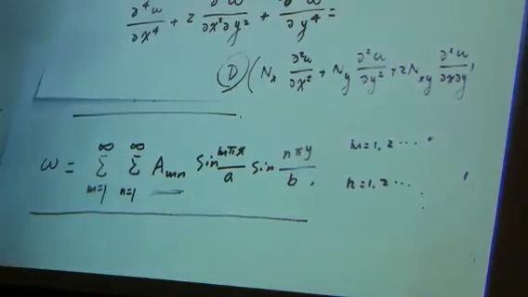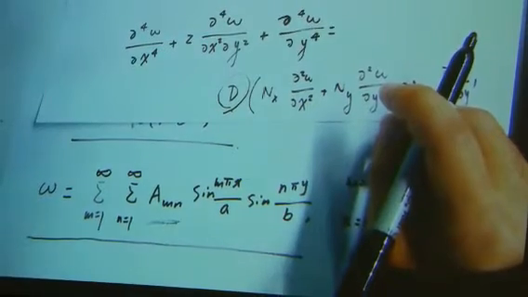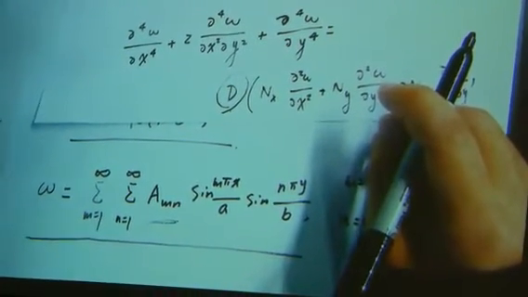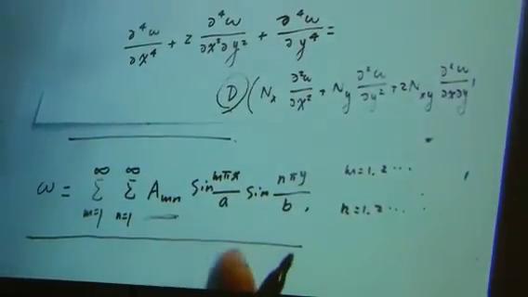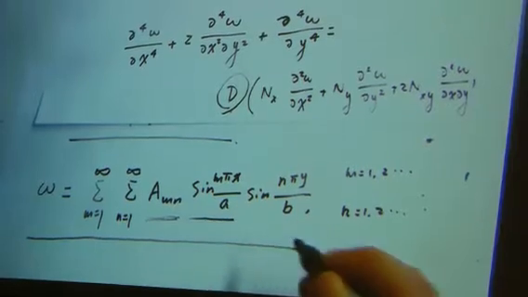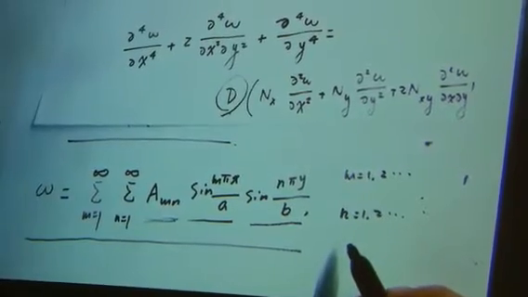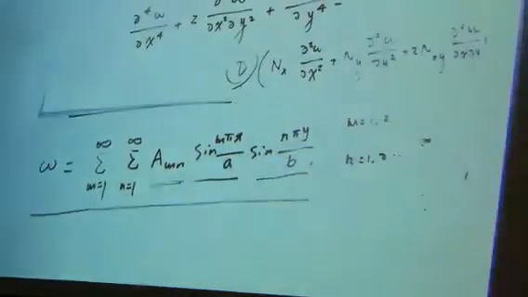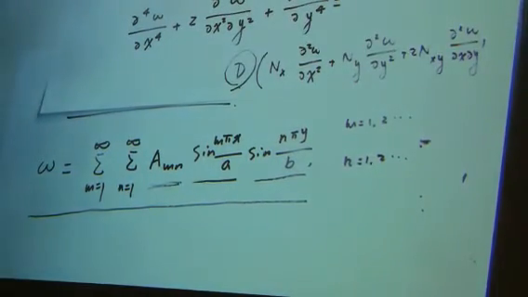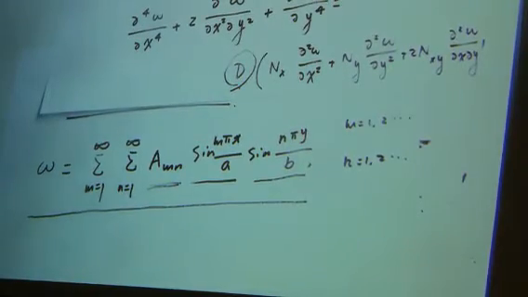This is the same procedure as what I have done for the column. We assume the buckling shape follows a sine wave function, and then we solve for the coefficients. This is the same procedure, but it's more complicated because it's two-dimensional. One sine wave is along the x direction, the other sine wave is along the y direction. M and n are integers from 1, 2, until infinity. It depends on which mode you are looking at. In ANSYS, in the last problem we are going to do in the homework, ANSYS will plot the first mode, second mode, and third mode, until any arbitrary mode you want to plot.